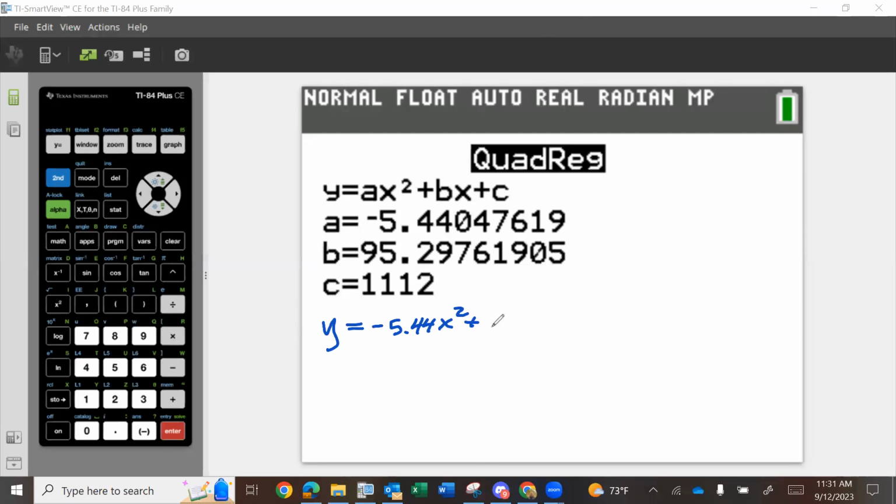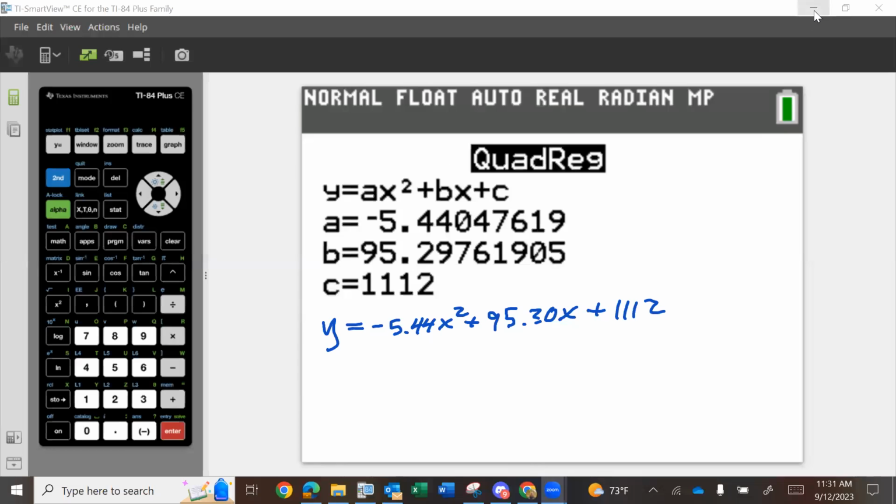Again, we're going 2 decimal places, so this 7 is going to increase the 9 to a 10, which is going to make that a 3. And so we're going to get plus 95.30. Then we'll do our X, then our plus sign, then our C, which is 1,112. And that will be the equation.